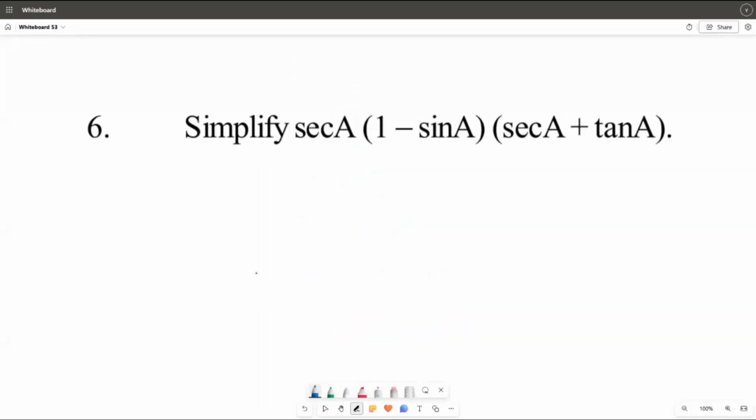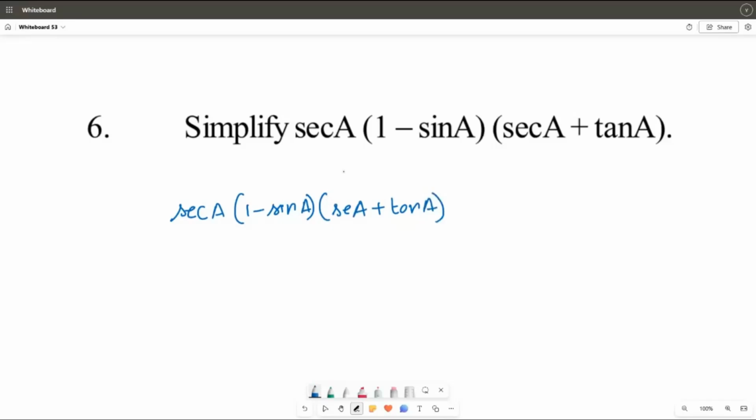So the sixth question of exercise 11.4, we have to simplify secant A into 1 minus sin A into secant A plus tan A. So let's write secant A into 1 minus sin A into secant A plus tan A. So we have to simplify this.